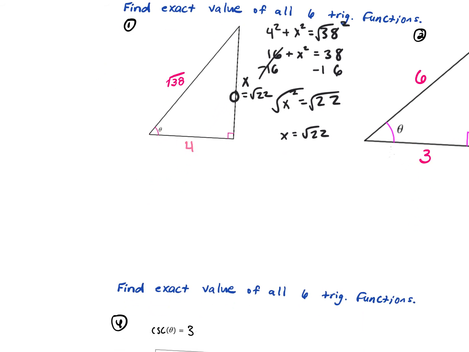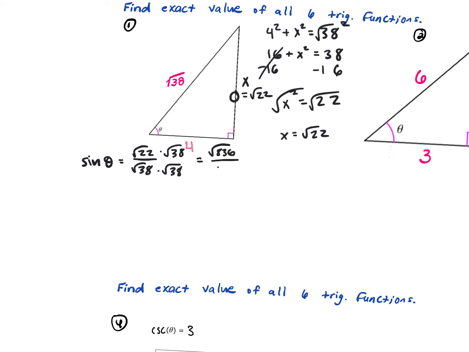So here for sine of theta is opposite over hypotenuse, so square root 22 over square root 38. I have to rationalize, so multiply the top and the bottom by square root 38. What's square root 22 times square root 38? Square root 836.